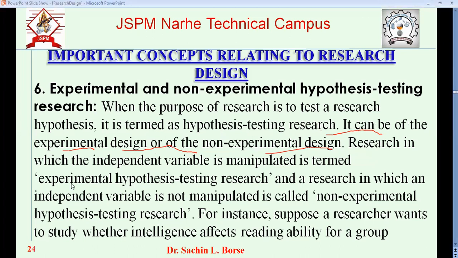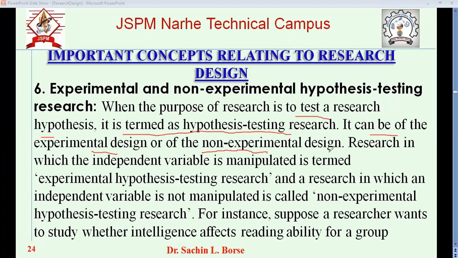Now we'll see what is meant by experimental and non-experimental hypothesis testing. When the purpose of the research is to test the research hypothesis, it is termed hypothesis testing. It can be of experimental design or non-experimental design.